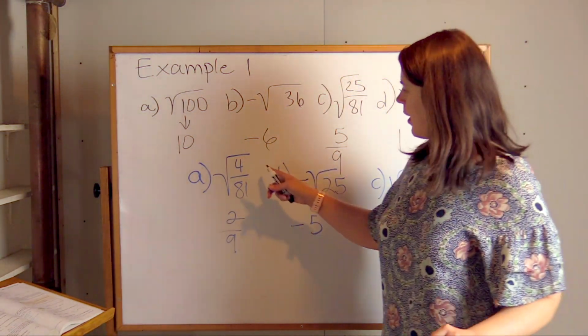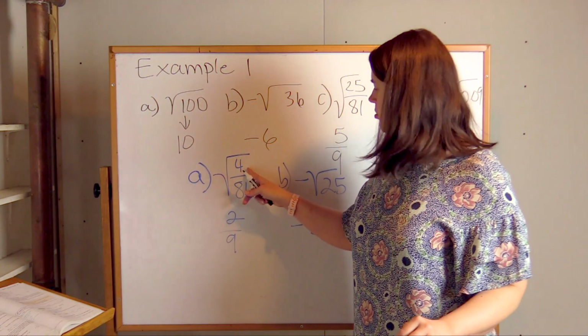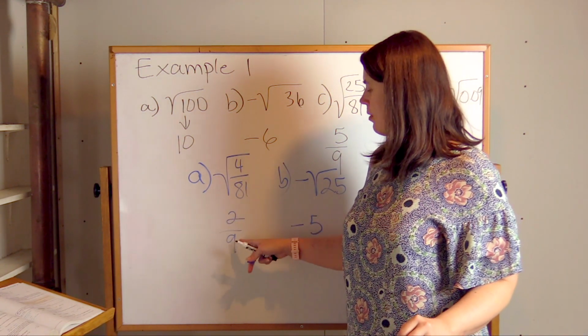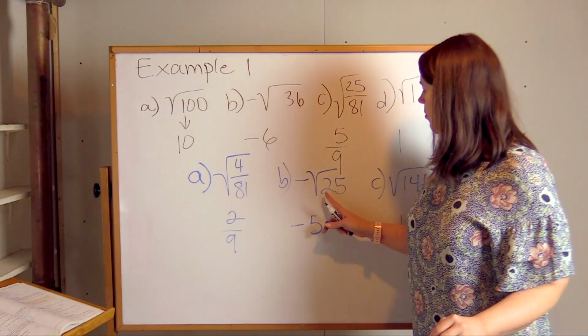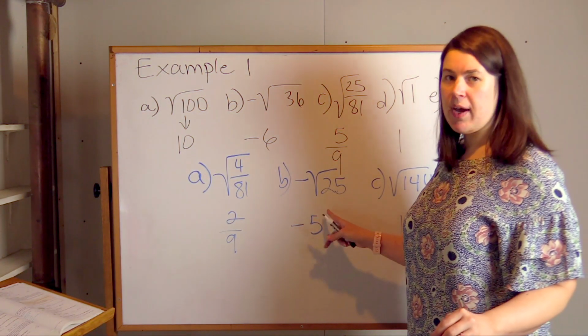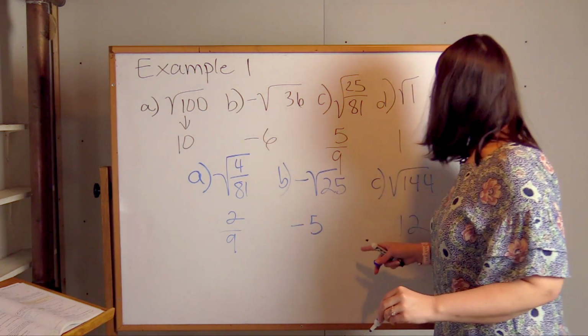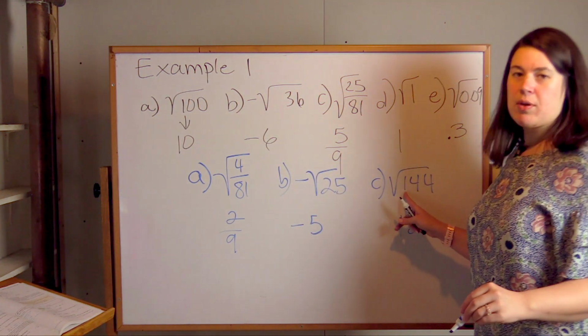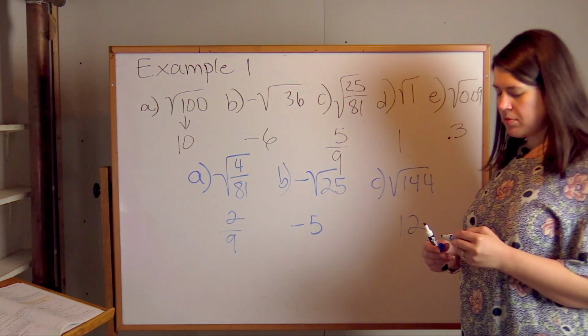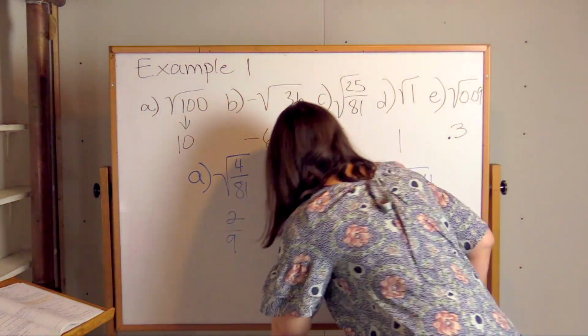All right, so for A, you take them separately. Square root of 4 is 2. Square root of 81 is 9. For this one, we take the square root of 25, which is 5, but it's the opposite of that, so negative 5. This one, square root of 144 is 12. 12 times 12 is 144.